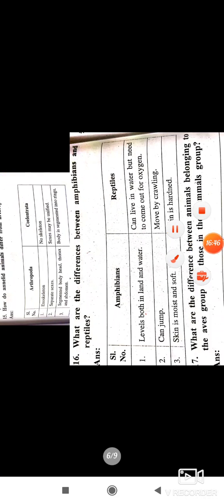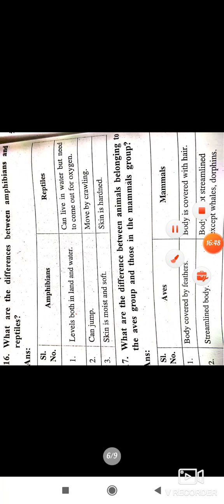So how do annelida animals differ from arthropoda? In arthropoda we have to see the exoskeleton. In annelida no skeleton. Arthropoda have separate sexes. In annelida sexes may be unified. In arthropoda, segmented body, head, thorax and abdomen. In annelida, body is segmented into rings.